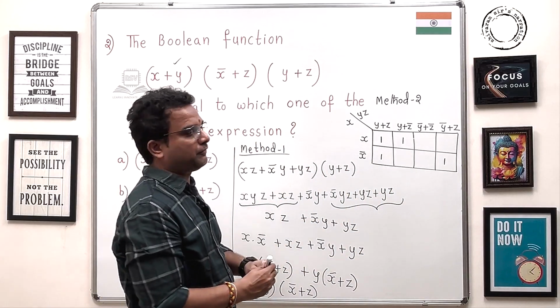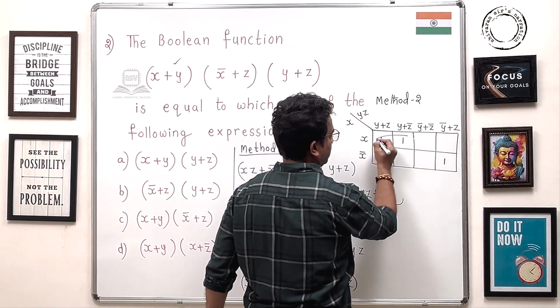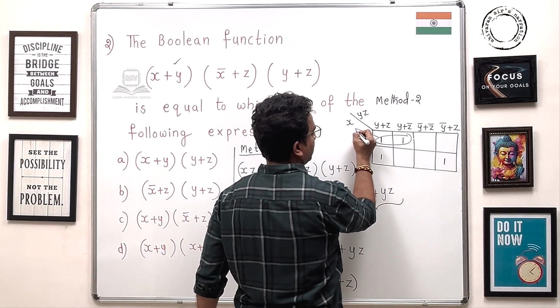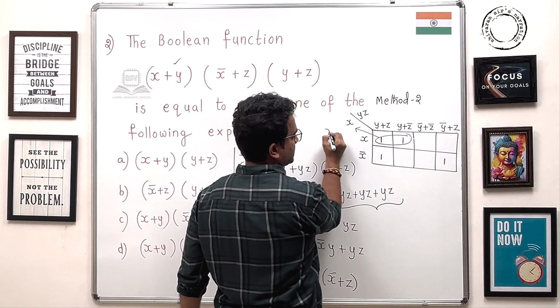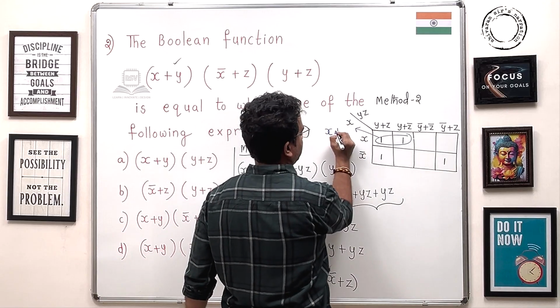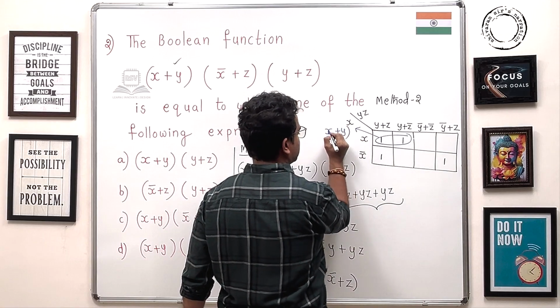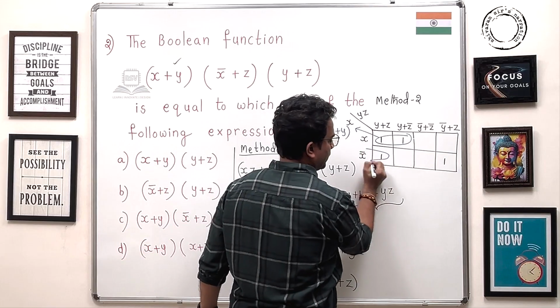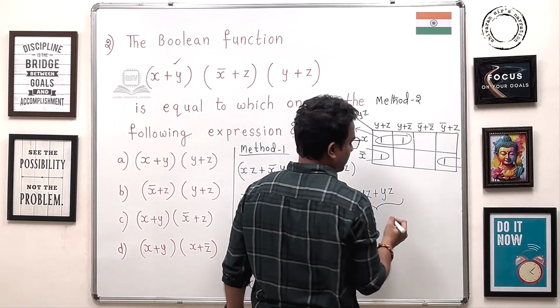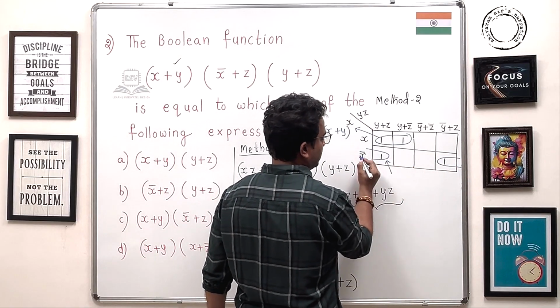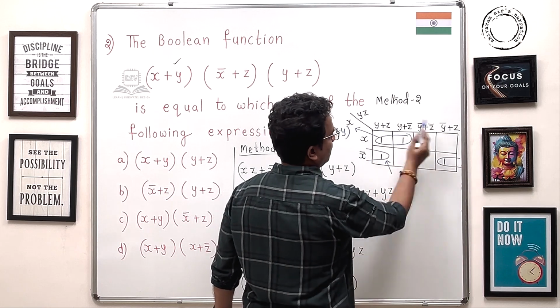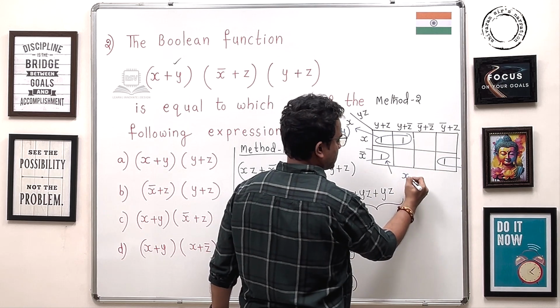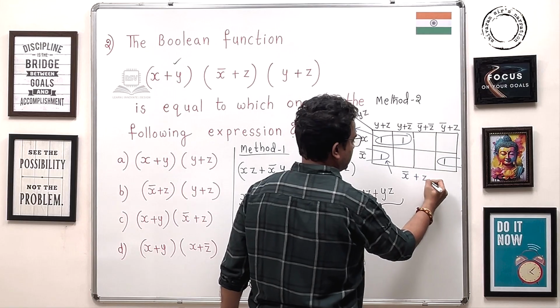Now let's simplify. If you take this simplification, we get x plus y, isn't it? Yes. Similarly, if you map here the pair, then x bar, y bar gets cancelled, x bar plus z.